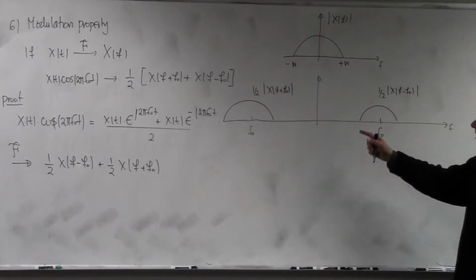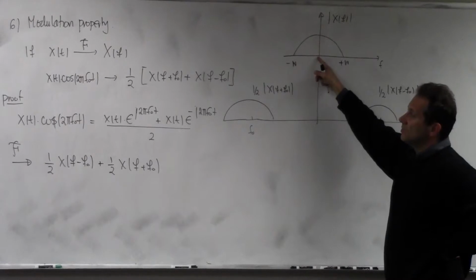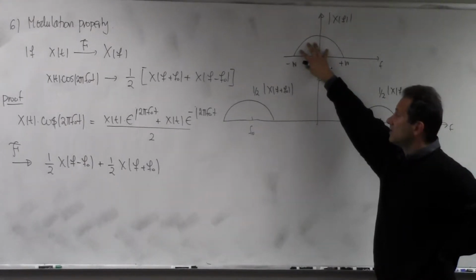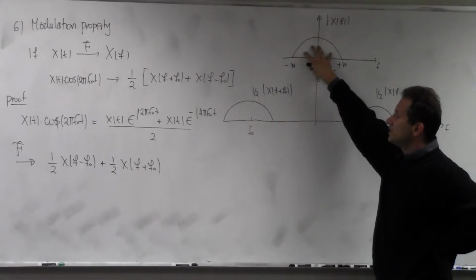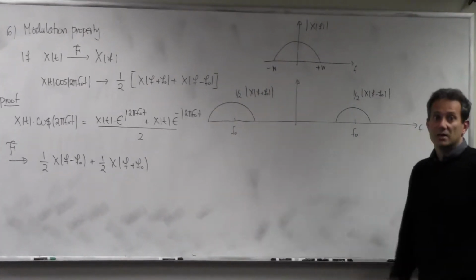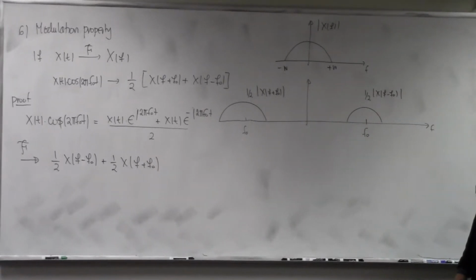So what I did is, by multiplying the signal with the cosine, I have moved the frequency content of the signal, the sinusoids that are building this particular signal, from one place along the spectral axis to another place in the spectral axis. This is, as I said, a very important property.